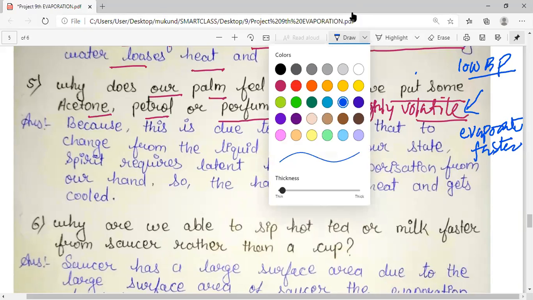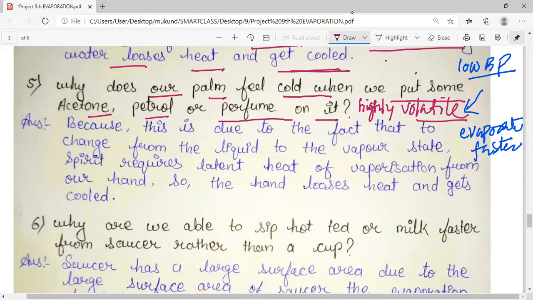Please remember, another meaning of being volatile is that it requires less energy for evaporation. So when these substances require less energy for evaporation, what happens?